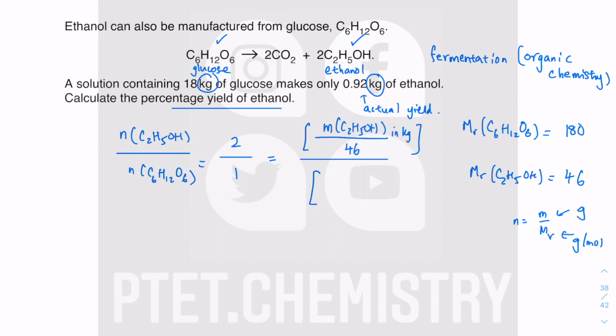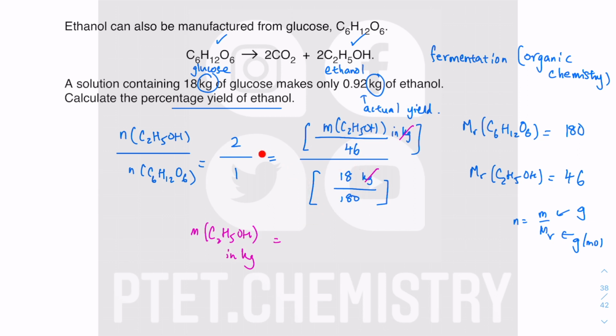I get it from 18 kilogram of glucose divided by the molar mass of glucose, which is 180. If this was in gram and gram, then they'll be alright. If this is in kilogram, this has to be in kilogram for them to be okay, because the units will cancel out eventually. So the mass of C2H5OH will be in kilogram based on how I set up this equation.